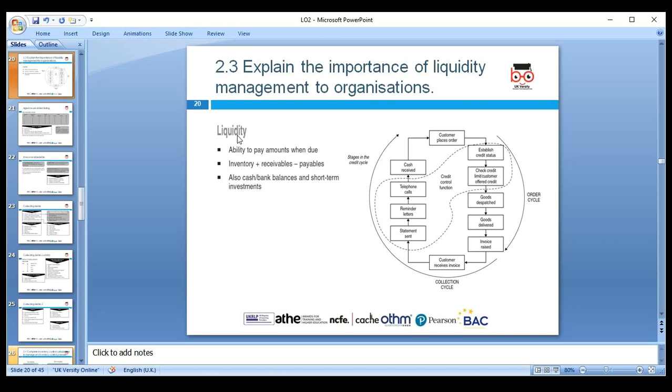Maybe the customer can pay 20 days early, then our cash flow will be increased, because in business cash really matters. Cash is the lifeblood of business. So establish the credit status, and set the credit limit. These are all the steps we can follow, as indicated in this picture.